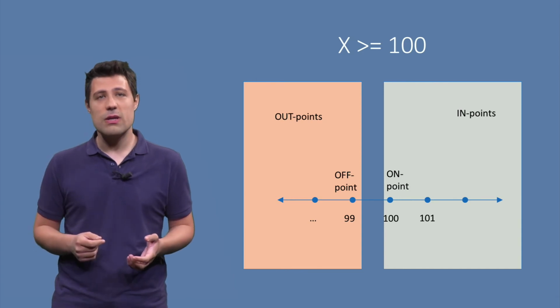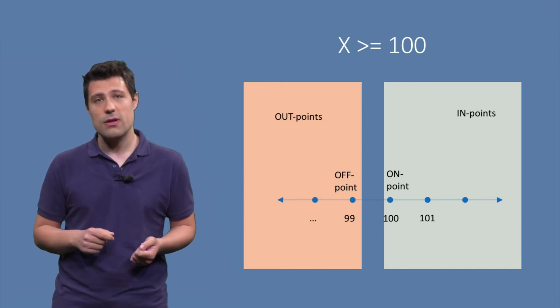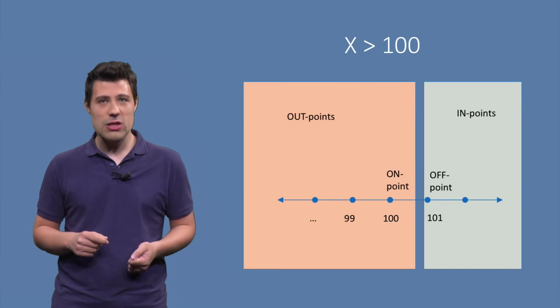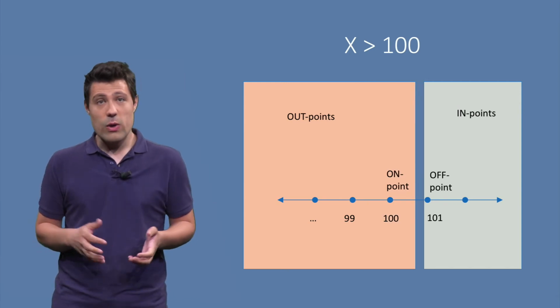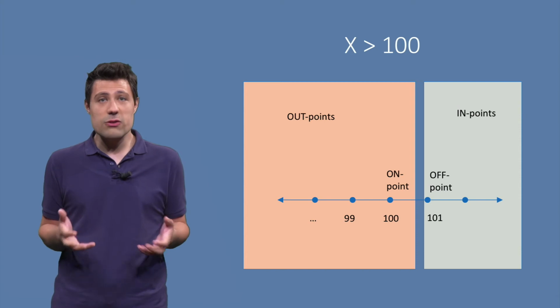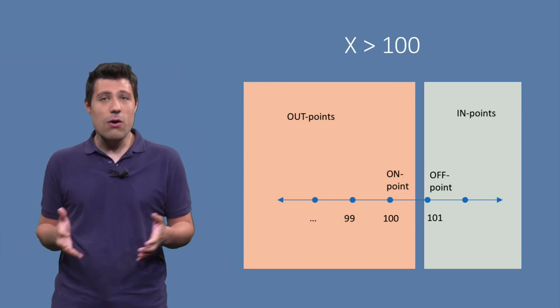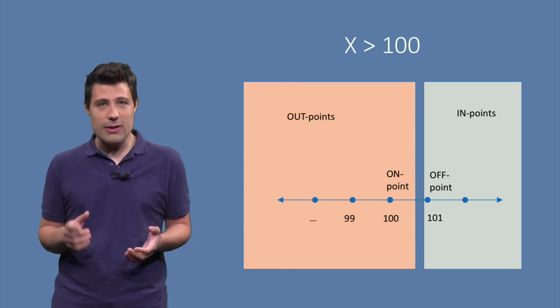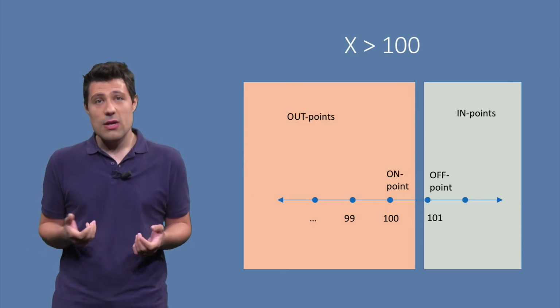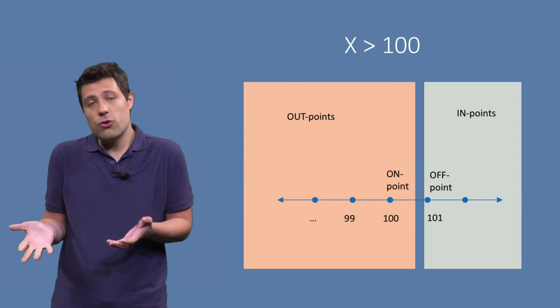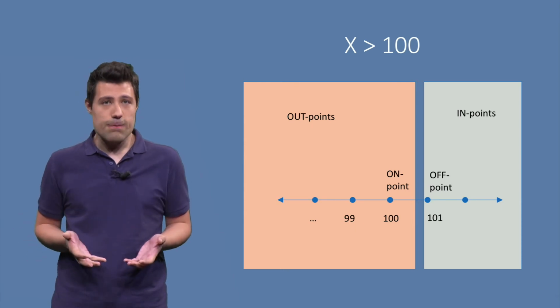But this doesn't necessarily have to be true in all cases. For example, if we change this condition to x greater than 100, then the on point is still 100, but now the on point is an out point. And the off point, the closest number to the on point that flips the condition, is the nearest point that makes the condition true, which is 101.